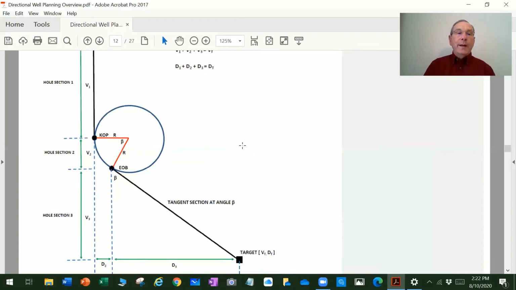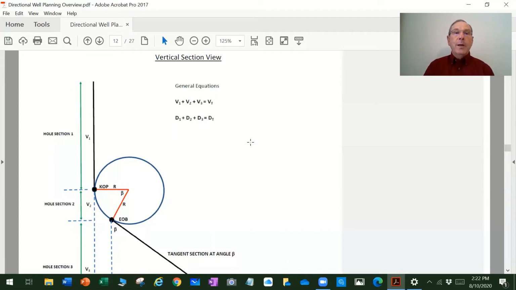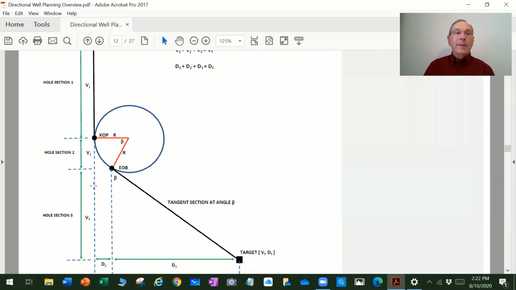If you think about this and write the algebra equations for executing this directional plan, we're going to have a vertical distance that we're drilling vertical with no inclination, 0 degrees. You can look at this diagram and see, and then below that, we're going to have a vertical distance in which we're building angle, from 0 degrees to some angle.